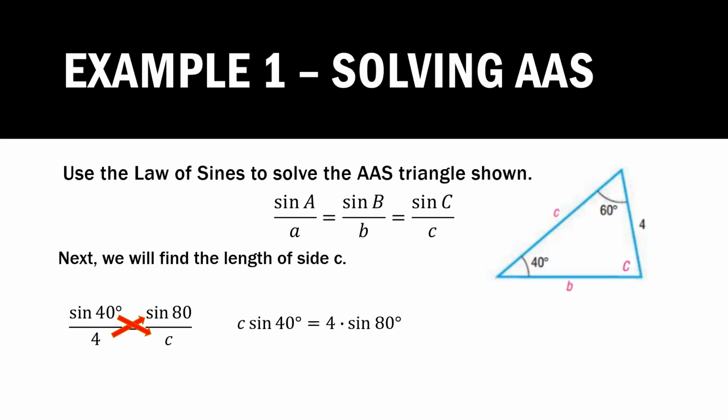So that gives us C times the sine of 40 degrees is equal to 4 times the sine of 80 degrees. Once we divide both sides by the sine of 40 degrees, that gives us a measure of 6.13. So we do see that the side opposite C, which is the biggest angle, has the greatest length.